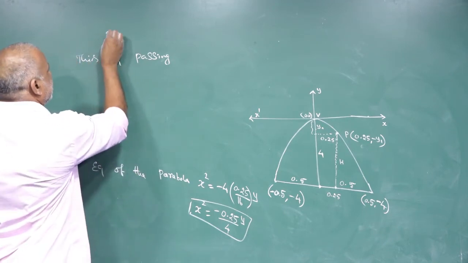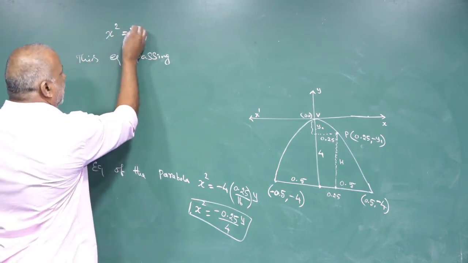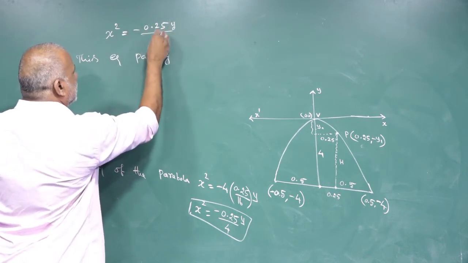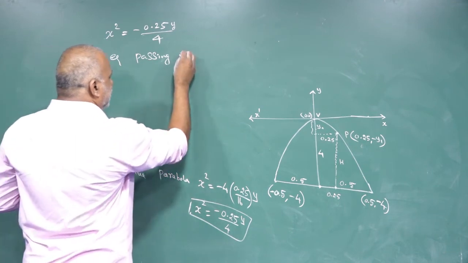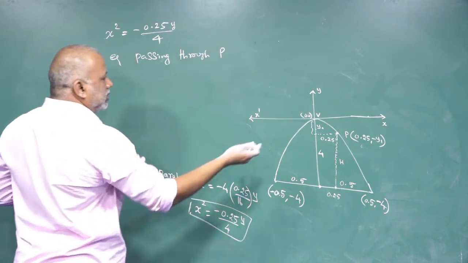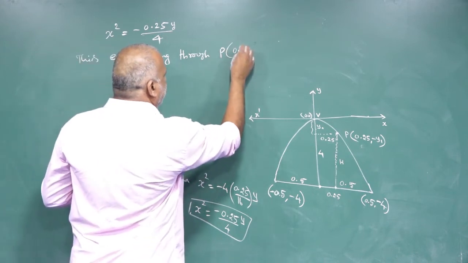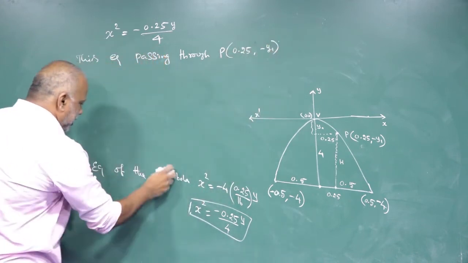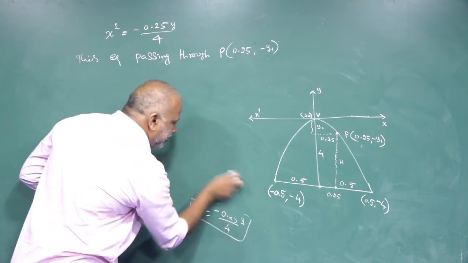That means x squared equal to minus 0.25 y divided by 4. This equation is passing through p. What is the value of p? 0.25 comma minus y1.